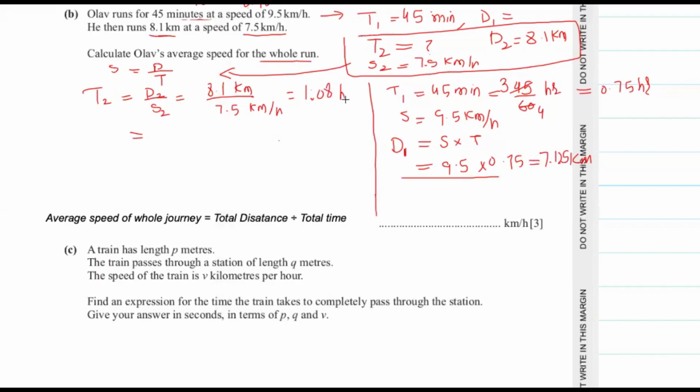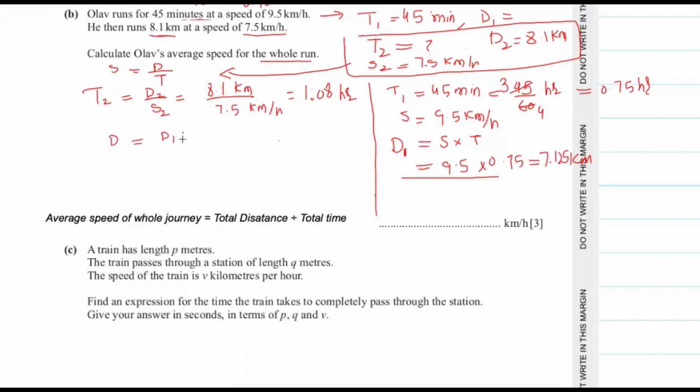1.08 R will be the T2, and therefore we can calculate the total time and total distance. The total distance will be equal to D1 plus D2.